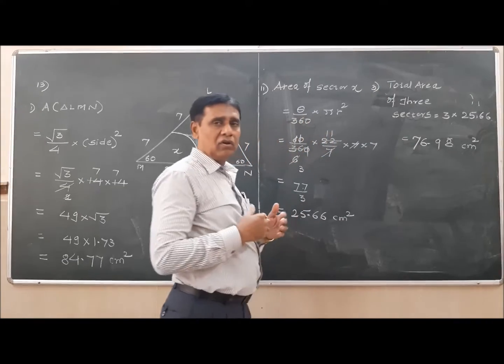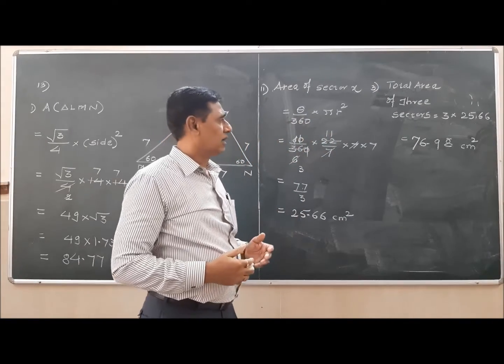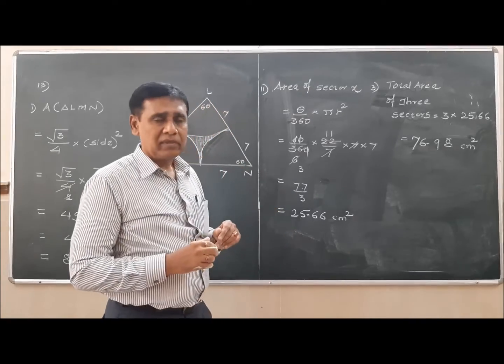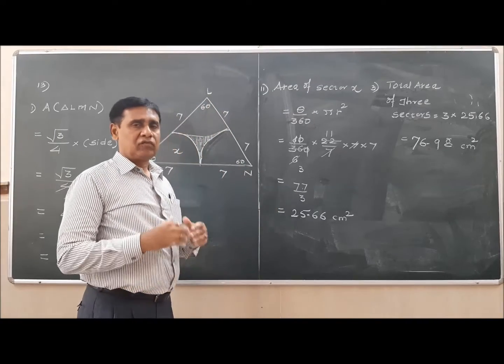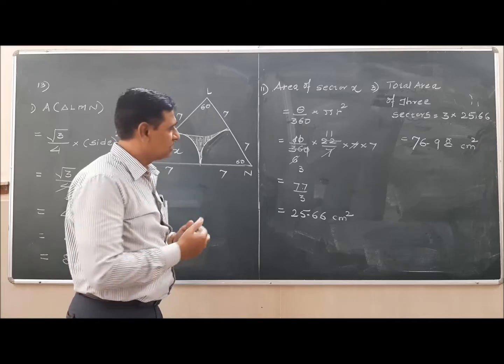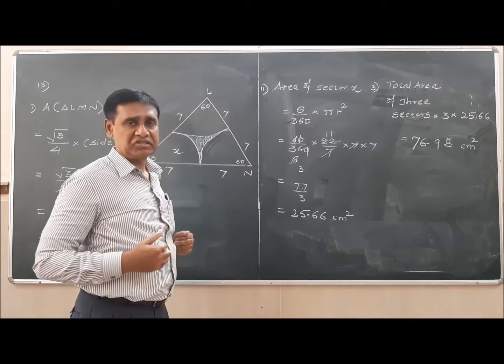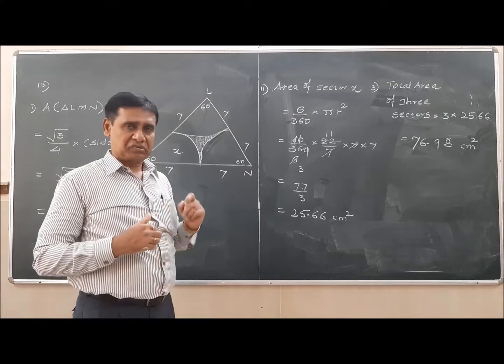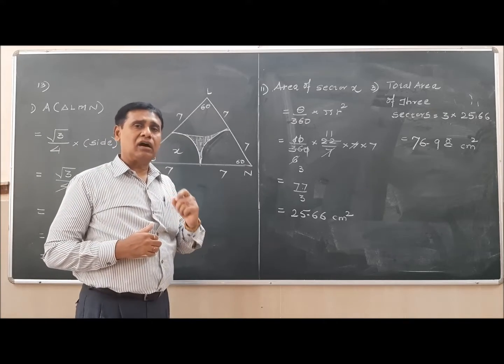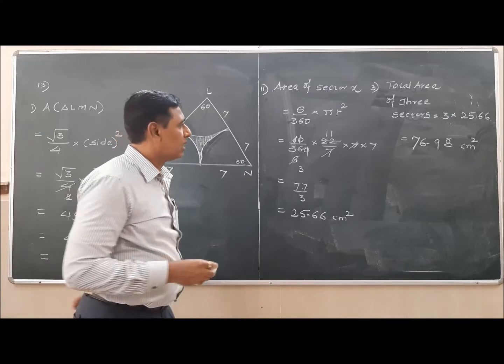There are 4 sub questions. This question is very lengthy and very important from the examination point of view, because this question may be asked for 4 marks. Now the fourth sub question is, find out the area of shaded region.